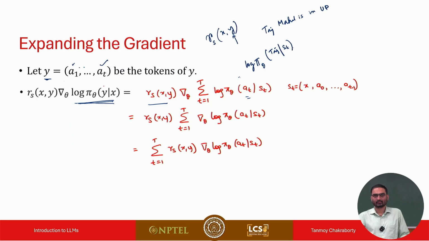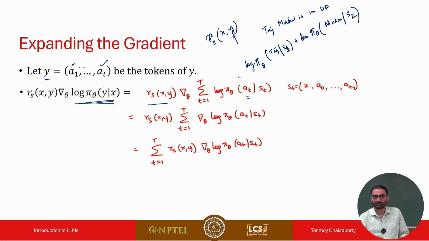And what is the state? The state is essentially the prompt and the responses generated so far. So this is S1, plus log of pi theta for Mahal given S2.